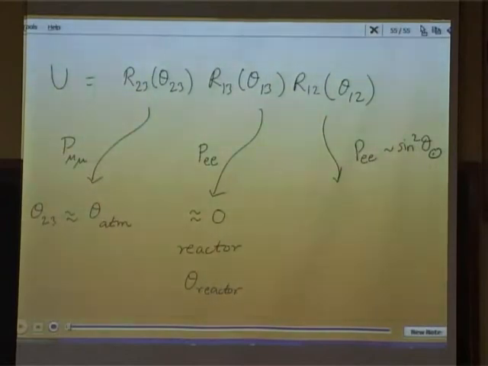Then we did a trick of changing the basis from nu e, nu mu, nu tau to nu e, nu x, nu 3. And we saw that actually U x i turned out to be equal to cos theta 1 2, sin theta 1 2, minus sin theta 1 2, cos theta 1 2.